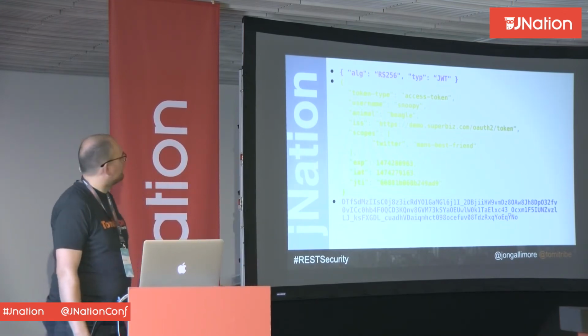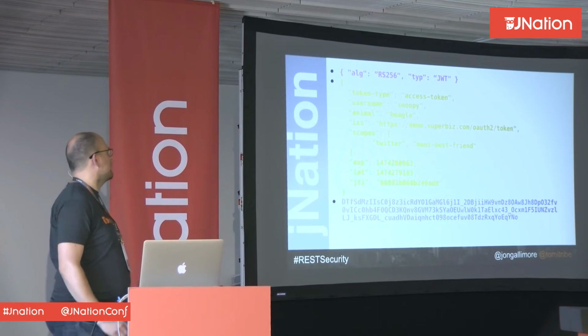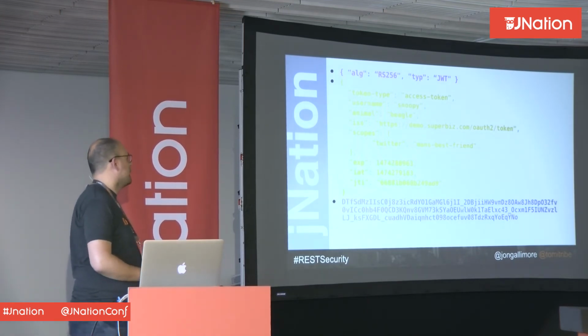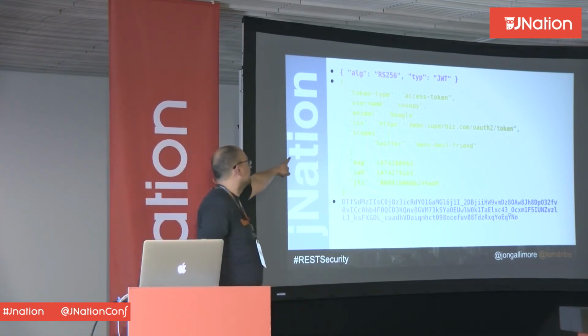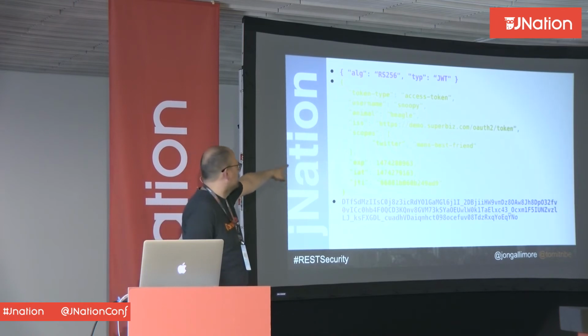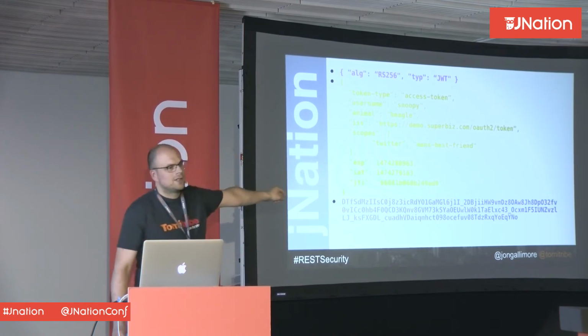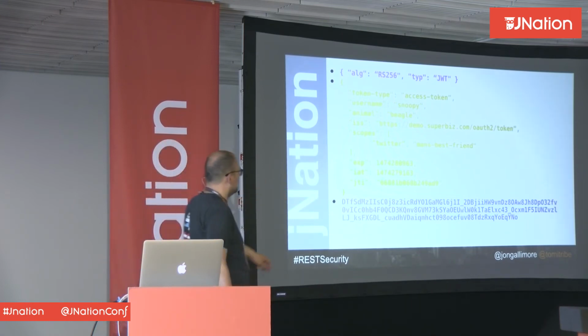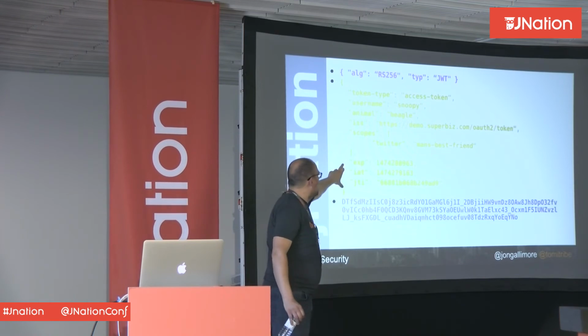We've got the username, Snoopy here. We've got the kind of animal that he is. And then we've got this scopes bit in the middle. Scopes are a bit like roles. We can see here that Snoopy's got access to Twitter so that he can tweet to his millions of followers.